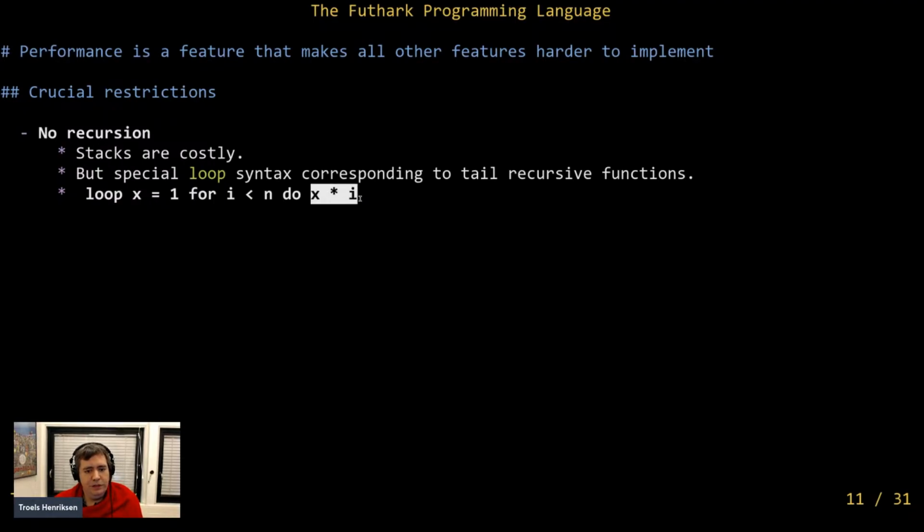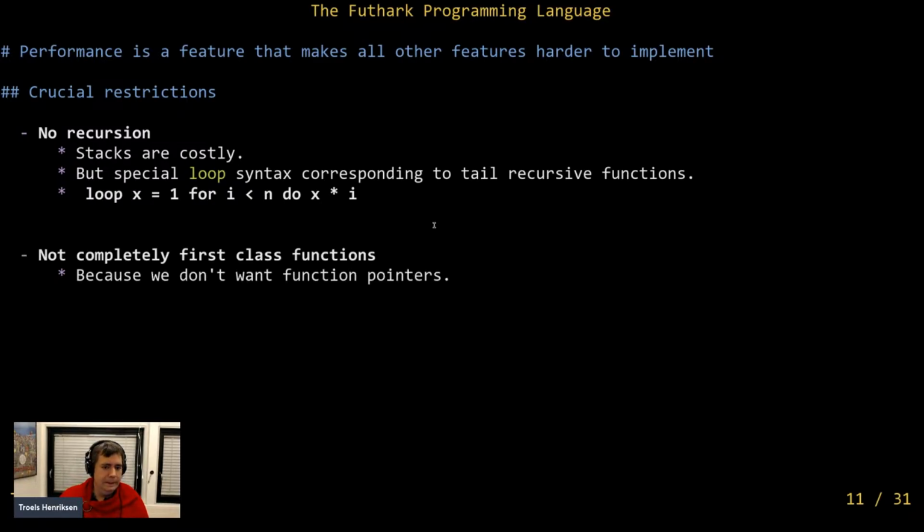The result of that loop body is bound to x, and then the next iteration runs. So you can imagine there's an x equals x times i, or assign x to x times i if you want to take the imperative reasoning. And this could also just as well be a while loop instead of a for loop. But that is just what Futhark has for sequential iteration: this particular syntactic sugar for tail recursive functions.